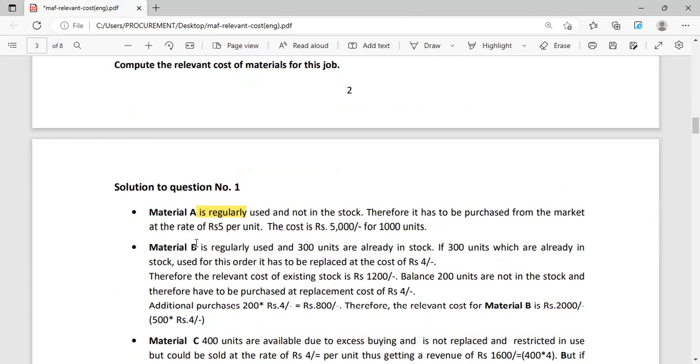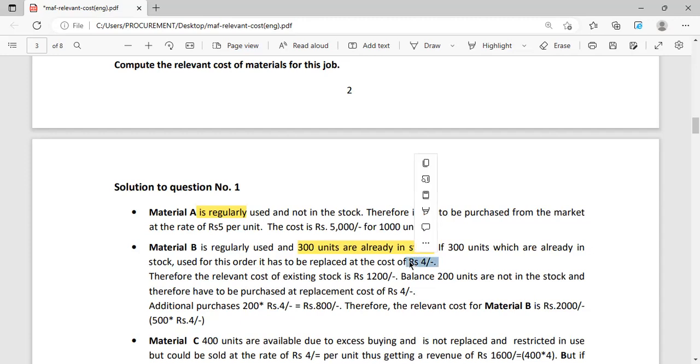Then material B is regularly used, and 300 units are already in stock, as explained. If the 300 units already in stock are used for this order, they have to be replaced at a cost of 4 naira.